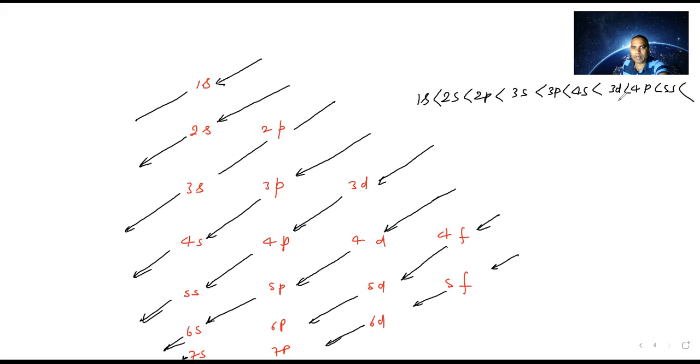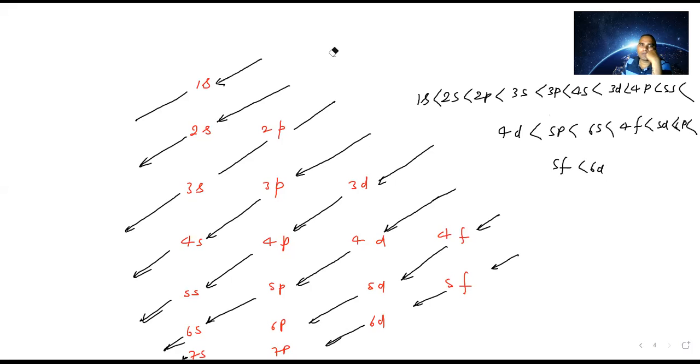Next 4d, then 5p, then 6s, then 4f, 5d, 6p, then 5f, 6d. This much is there.